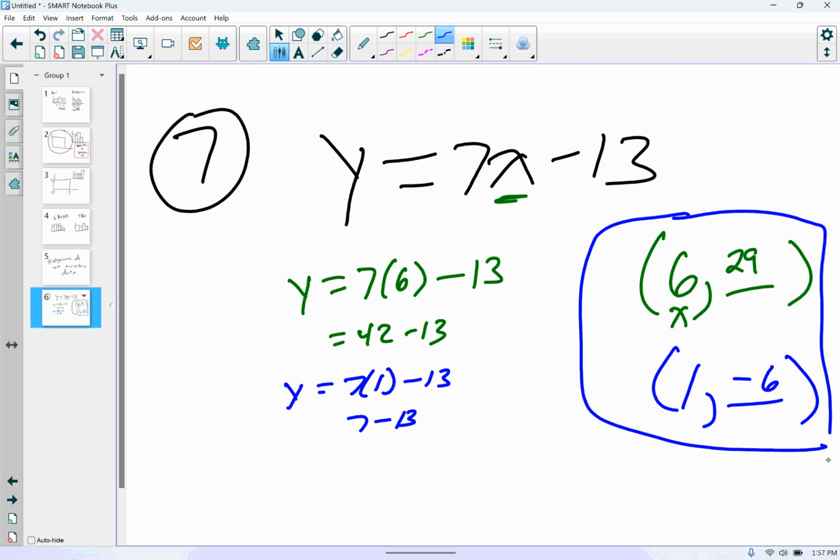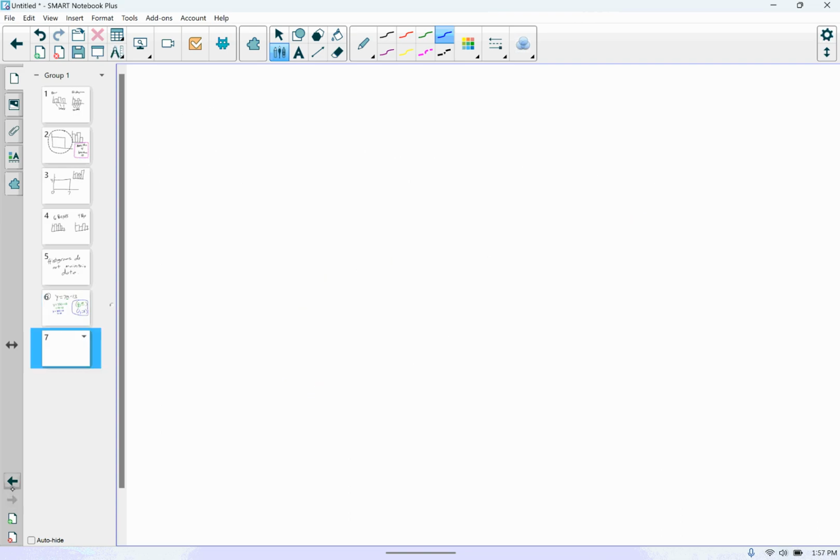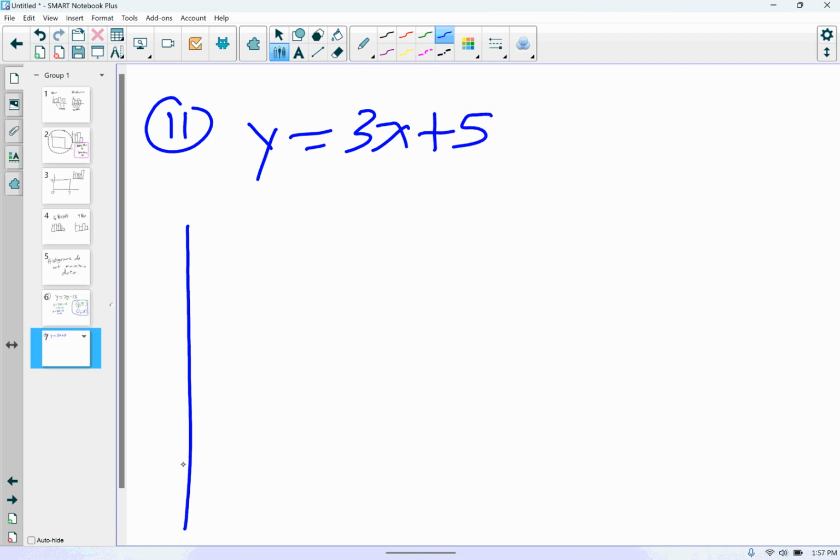Okay, let's take a look at 11. I know a couple of people had some challenges with number 11 because it's like, hey, what should I do with this? And that's okay. So they have the x value they call the input, the y value, and then they have 1, 2, 3, 4, 5. All right, so let's do this one in green.